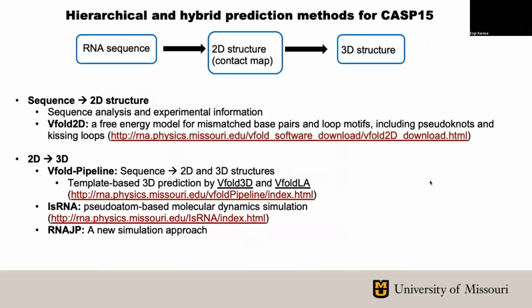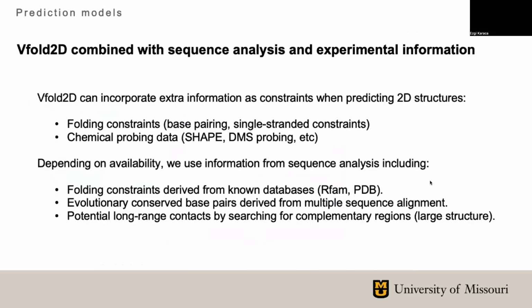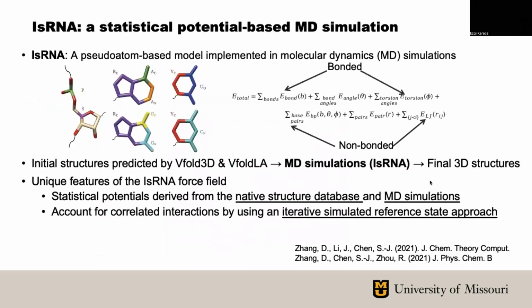What if you failed? So we calculate the structure, the missing pieces. We use an MD simulation method developed in my lab. We use a coarse grain, we call it pseudo atom-based molecular dynamic simulation method. In this method, basically, we use a coarse grain model, which you can see with one bead for the phosphate, one bead for the sugar, and you have 3 or 4 or 2 beads for the purine and pyrimidine.